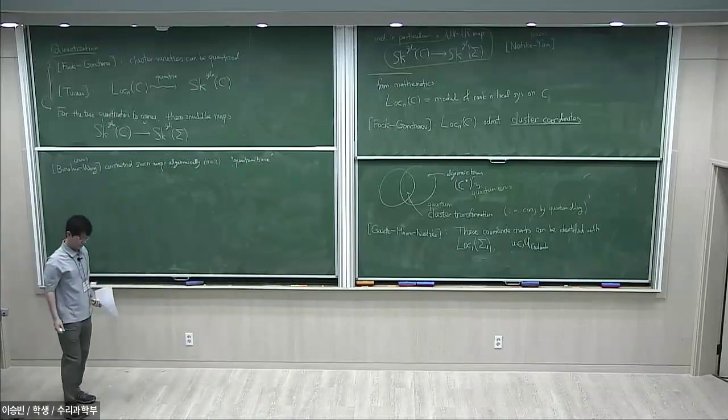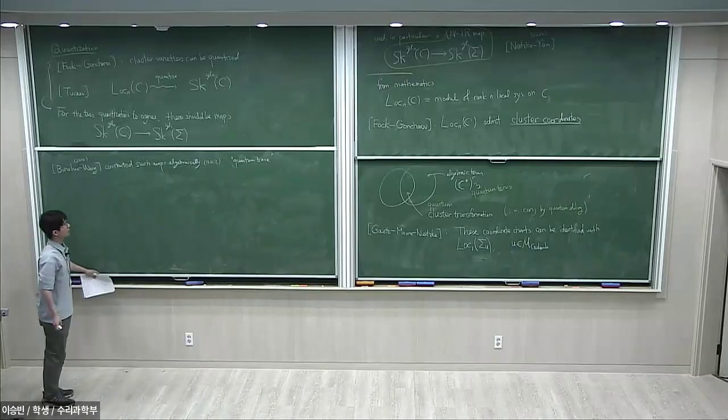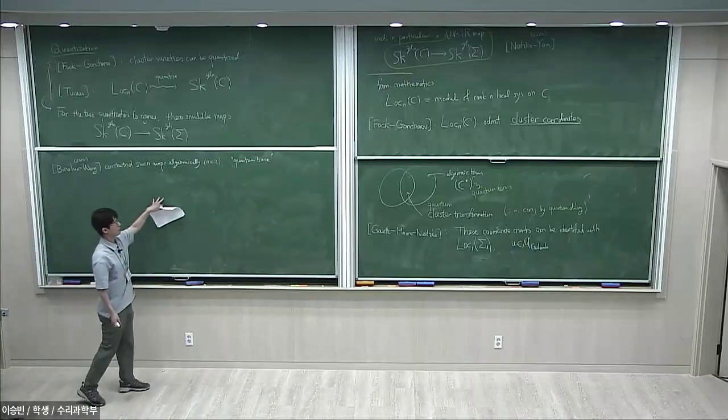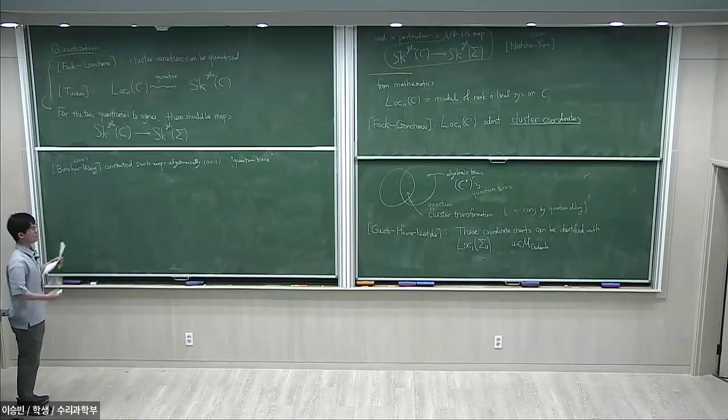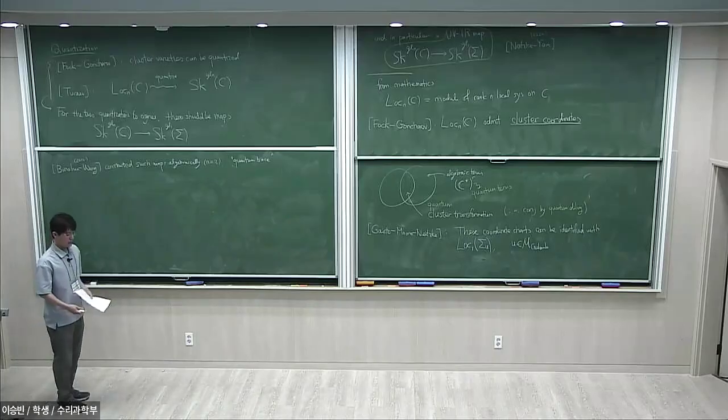And since their construction was algebraic, it doesn't make it clear why there should be such a map a priori.